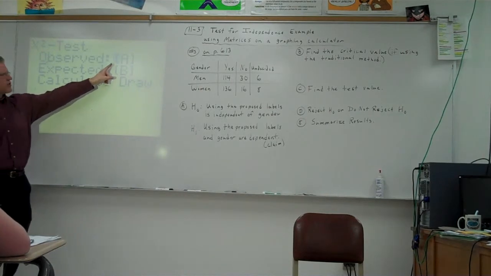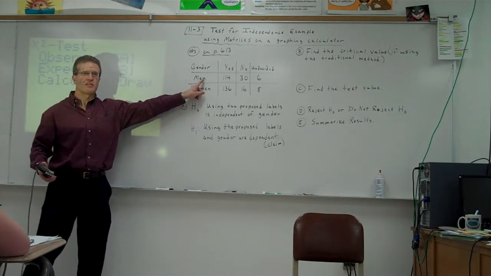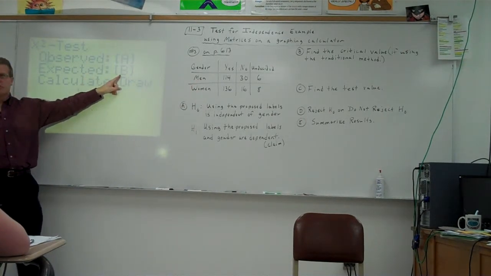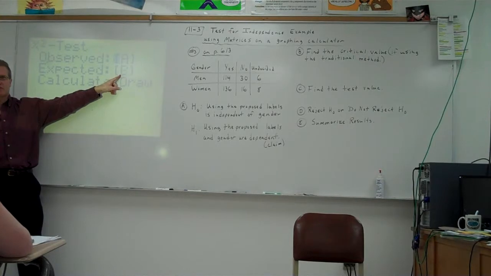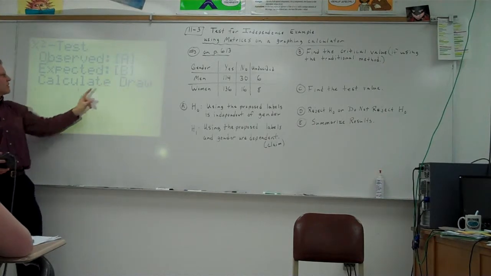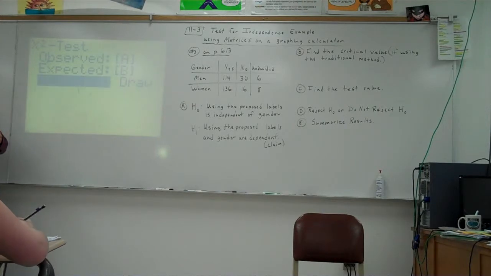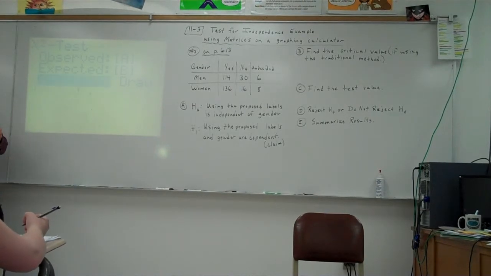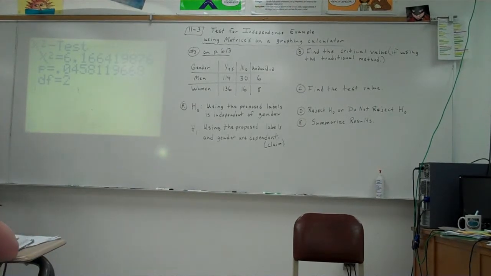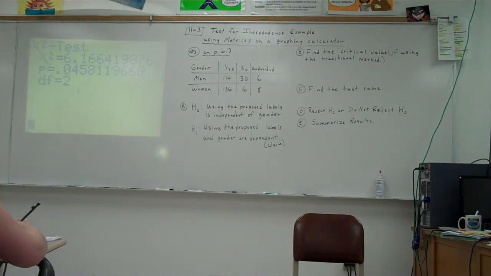Our observed numbers we put in A already. The expected values are in B. You don't have to put them in there. The calculator automatically figured them out for you. This is really the time saver. Now we're going to go to calculate. Push enter. And boom, there's our test value and our p-value.